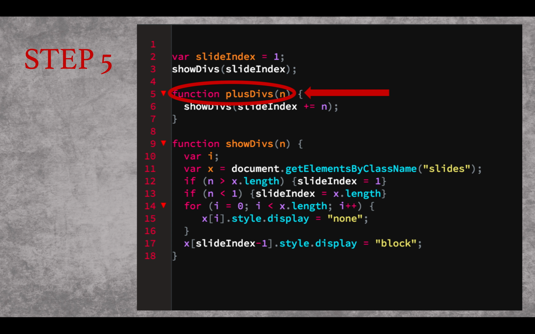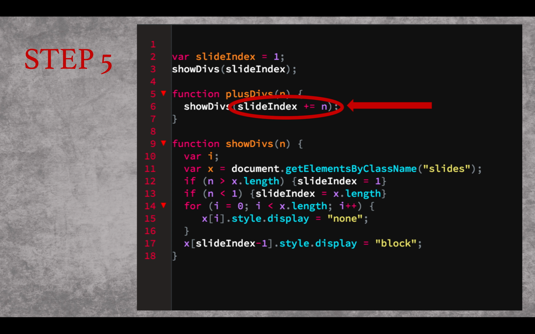And then the function is when they press the button, the onClick event is +divs. And so that's just saying that that's what's going to happen when they click the button. And then the plus equals n, as far as I understand it, is just meaning that it's either going to go forward or backward in the function.